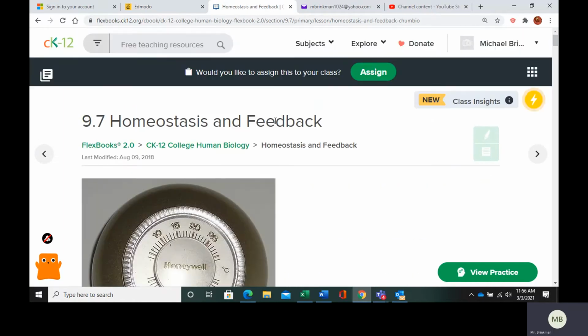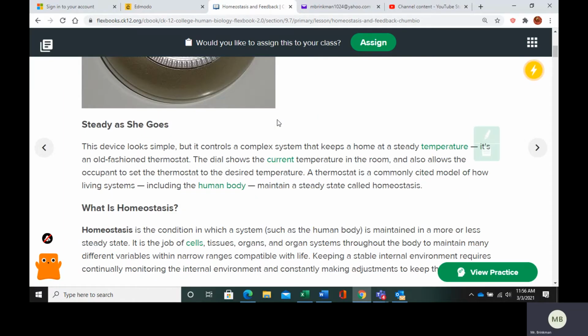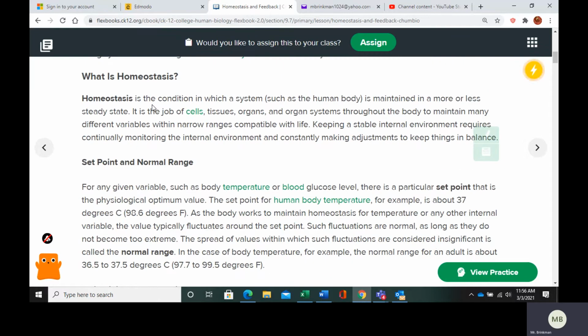So let's take a look at this thing called homeostasis. Homeostasis is basically your body trying to maintain a steady state, or trying to maintain stable levels of certain things.